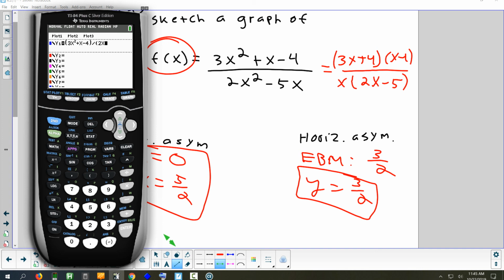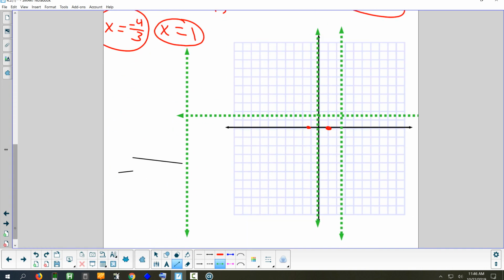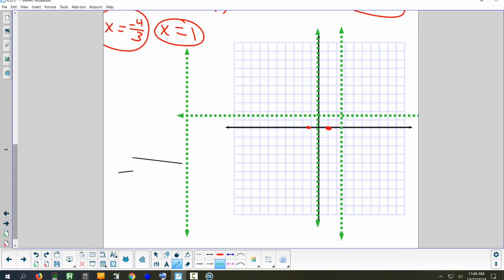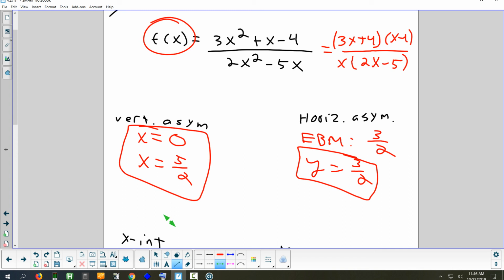Divided by 2x squared minus 5x. Okay, so now tell me what was one of our asymptotes? 0. So we want to check what's happening just to the left and just to the right. One of them is going to be up very high, the other one is down very low. Yes? On the calculator, you forgot to put the x in before 3x squared plus... Oh, wait. You already put it. Is everything okay? 2x squared minus 5x? Yeah. Okay.